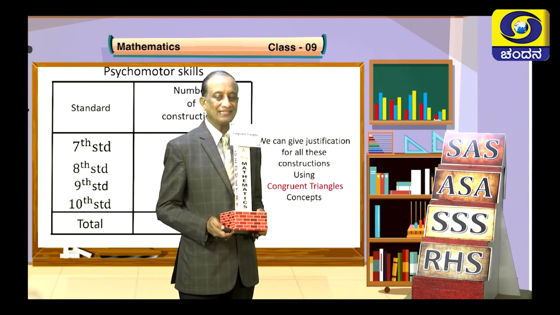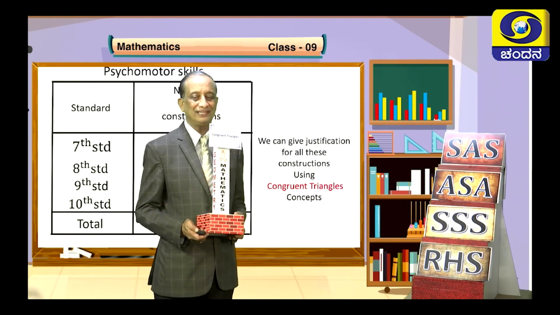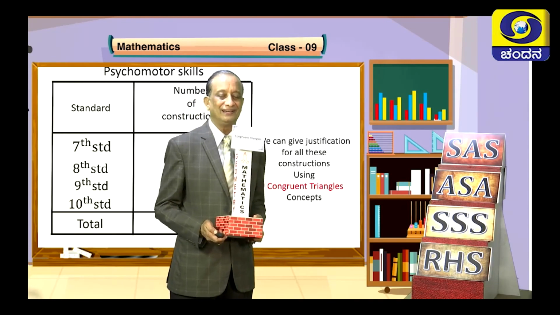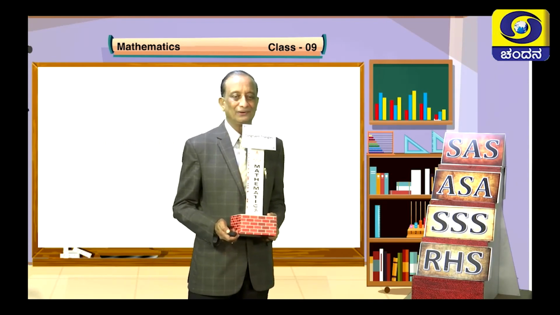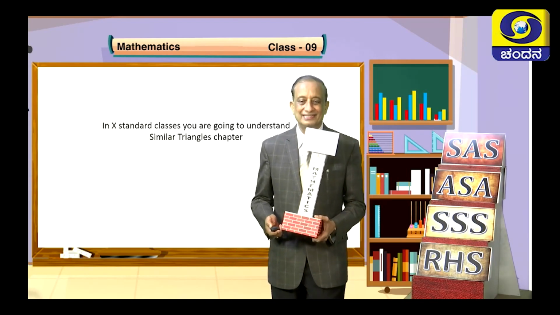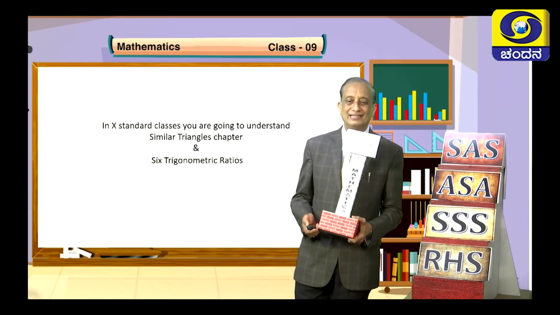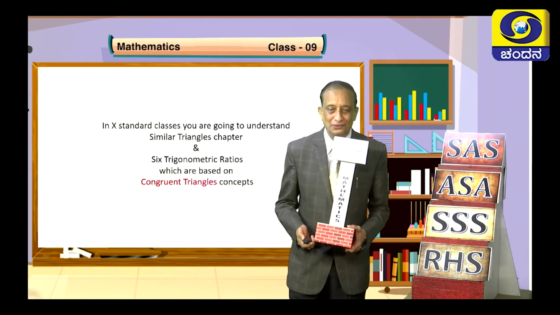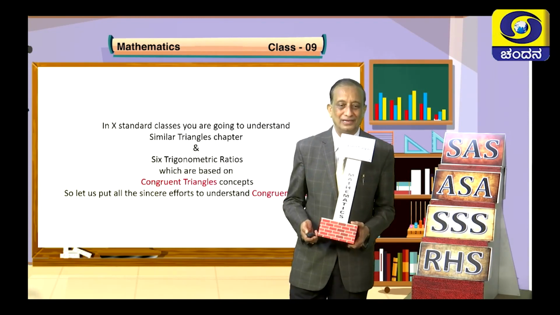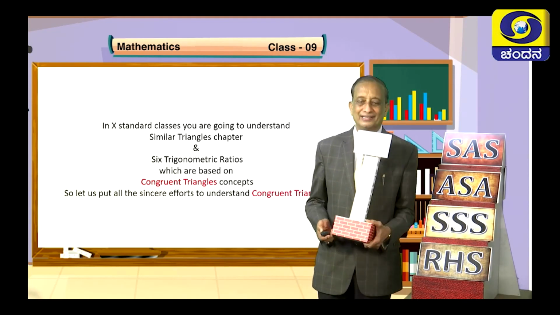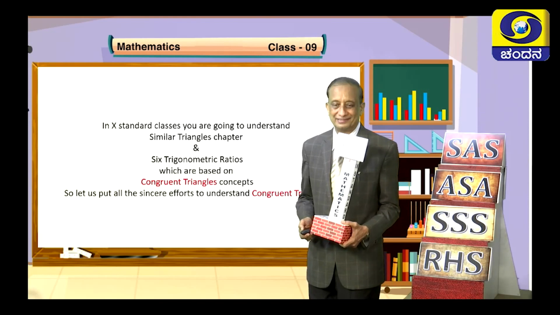For all these constructions, we can give justification using congruent triangle concepts only. In 10th standard, you are going to understand the similar triangles chapter and 6 trigonometric ratios, which are based on congruent triangle concepts only. So, let us put all our sincere efforts to understand congruent triangles.